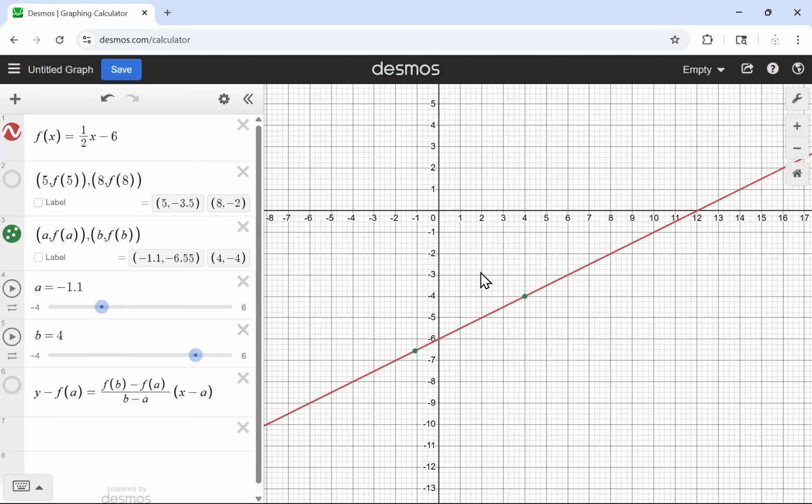So lines have constant rate of change of whatever the slope is. Other graphs we saw do not have constant rates of change, and the average rates of change can vary depending on where we put our points, but not on lines. Lines always have average rate of change of whatever the slope of the line is.